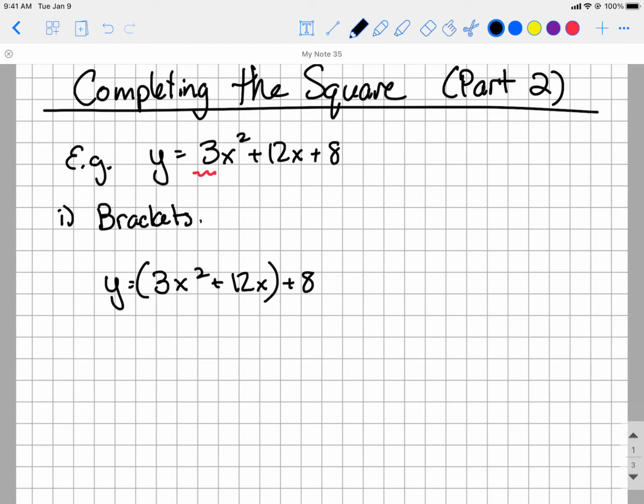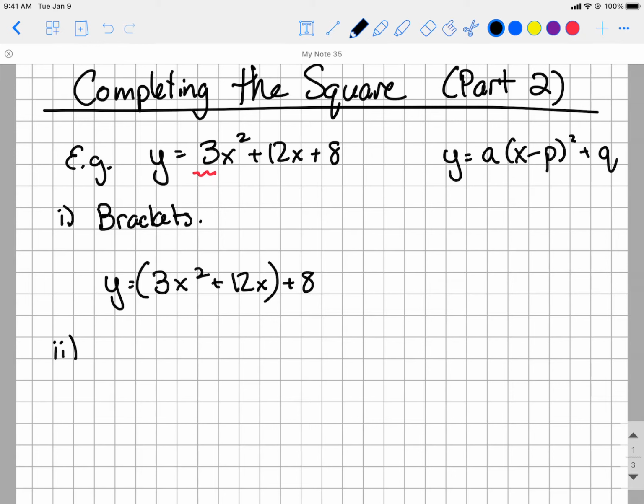But already, if you look at this, something's wrong. If you compare this to our standardized vertex form, which is a times x minus p squared plus q, you might notice that the a value, 3, actually needs to be on the outside of the brackets, not the inside. So that's going to be the next thing we're going to deal with.